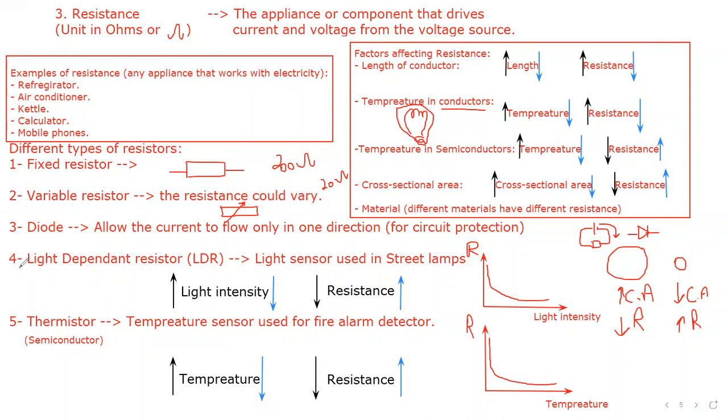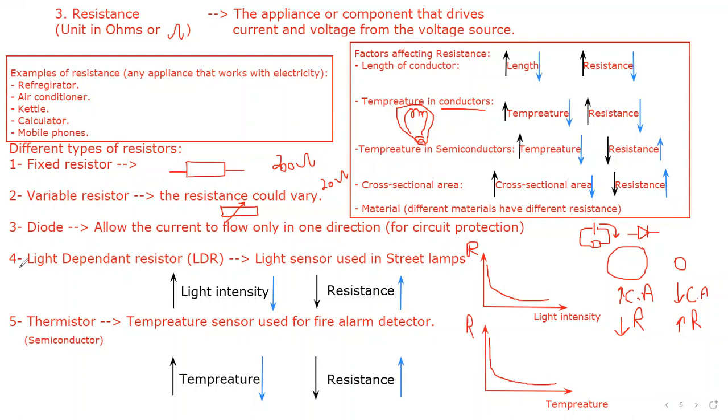The fourth type is the light dependent resistor, or LDR. This is similar to a light sensor. For example, for the street lamps, whenever the light intensity increases, it means that now it's morning, so we need to turn off the lights.